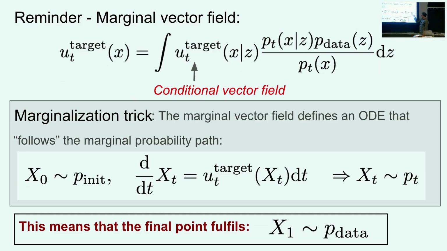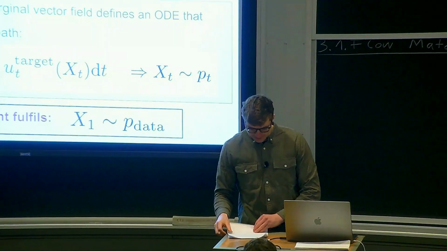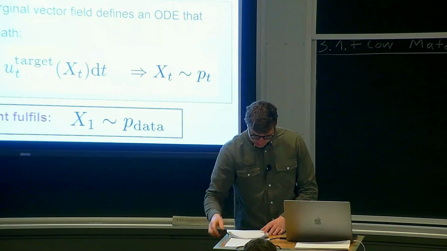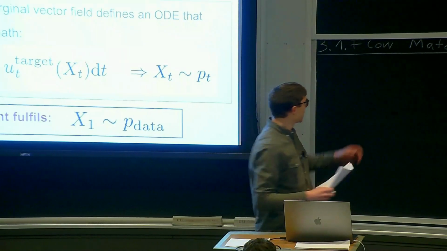We follow the probability path. And that's particularly relevant because this path was constructed to end at the data distribution. So the final time point following this ODE will be the data distribution, will be objects that we want to generate. All right. So let's dive in, and let's talk about flow matching.